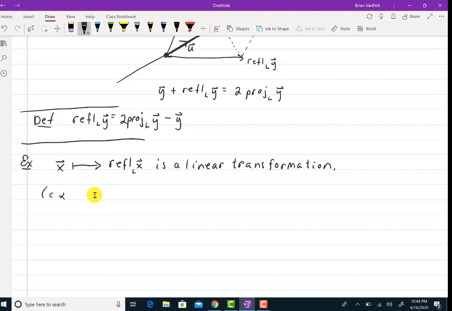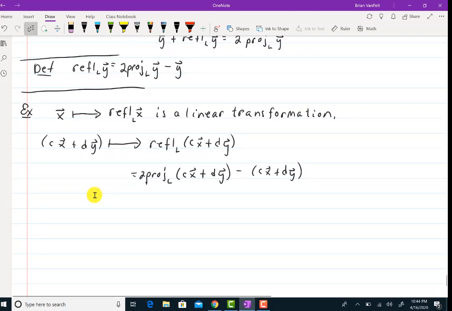Let's take cx plus dy, which goes into REFL onto L of cx plus dy. And of course, according to the definition that I just had, that is 2 projection onto L of cx plus dy minus cx plus dy.